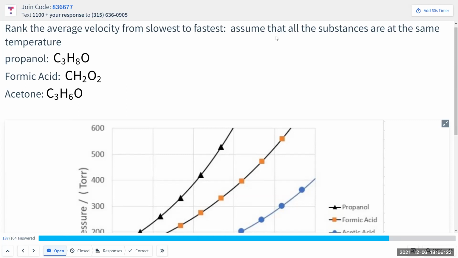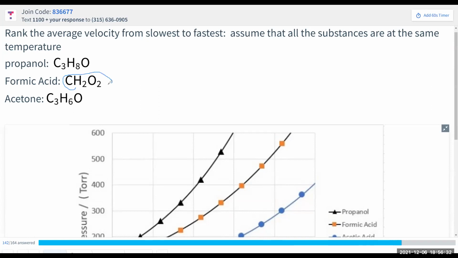I think the lightest molecule has to be which one? The formic acid, because you only have one carbon and then 2 oxygen atoms. And then the heaviest must be what? I think the heaviest is propanol because you have 3 carbon atoms plus 8 hydrogens plus 1 oxygen.